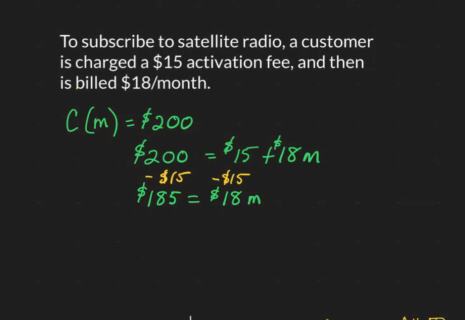Now we have $185 equals $18 times the number of months, divided by $18, and we get the number of months to be 10.28. Even if that number had been a little bit bigger, say 10.7, we would still round to 10 months, because if he paid for 11 months, he would exceed his $200 budget amount.